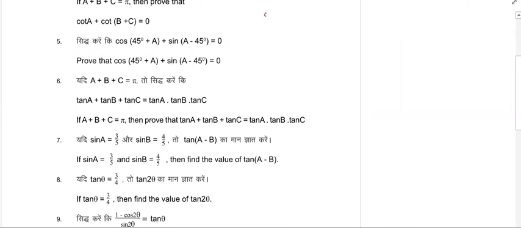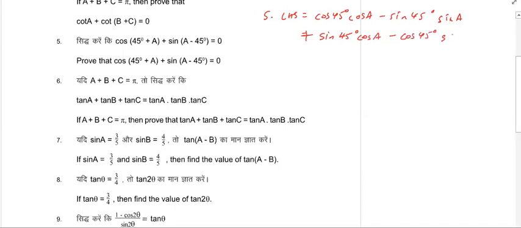Question number 5, left hand side: the expansion for cos of 45 degrees plus a is cos 45 cos a minus sine 45 sine a, plus sine of a minus 45 degrees, which should give me sine 45 cos a minus cos 45 sine a.